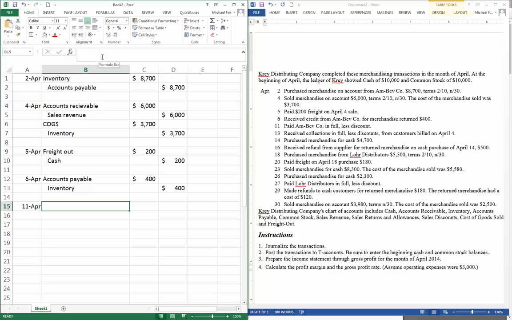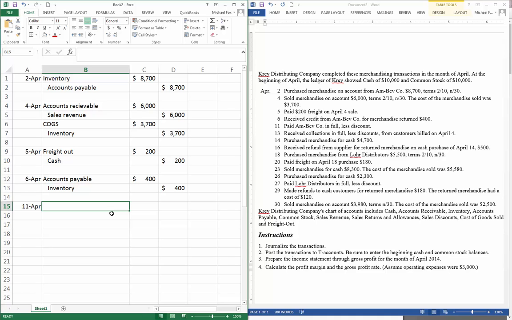So that should be $8,300 we now owe them. And then the terms of our purchase were 2/10, net 30, meaning we would get a 2% discount. So the total amount we have to pay them is 98% of the original 8,300. You could also figure it out by doing 2% times it and then subtracting that from the total amount.